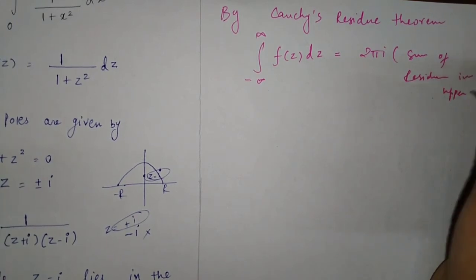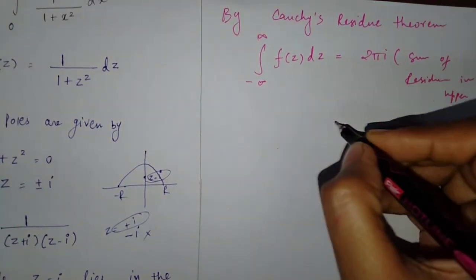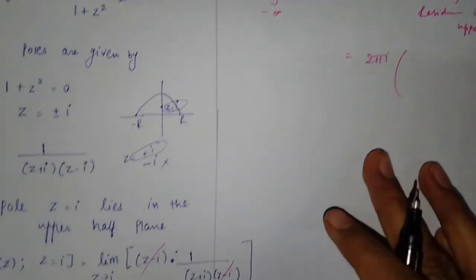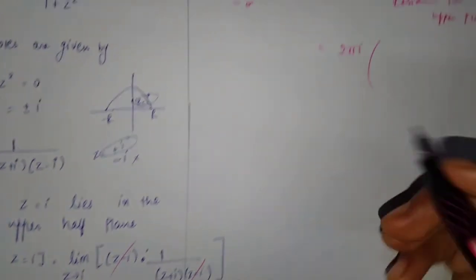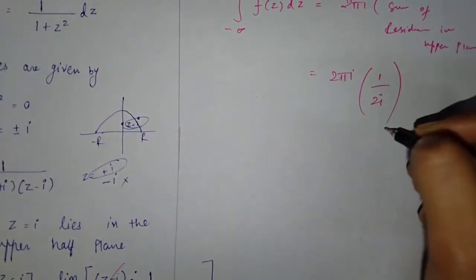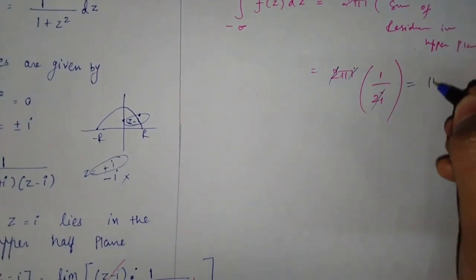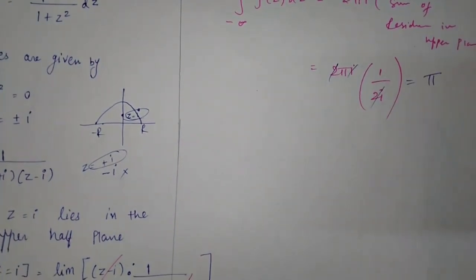You know how to write the formula, okay? So it is 2 pi i into the answer which we got, that is 1 by 2i. That we have to put here. So the 2i will get cancelled. So finally we will get pi.